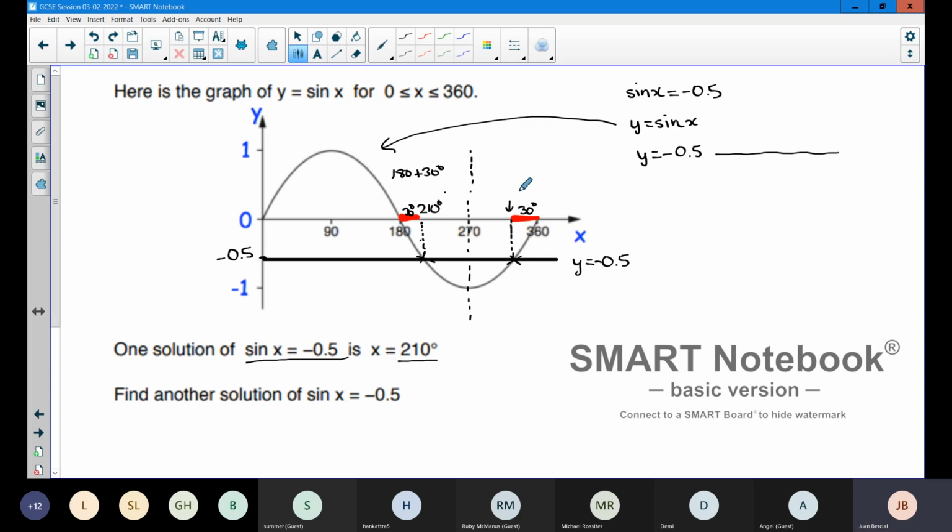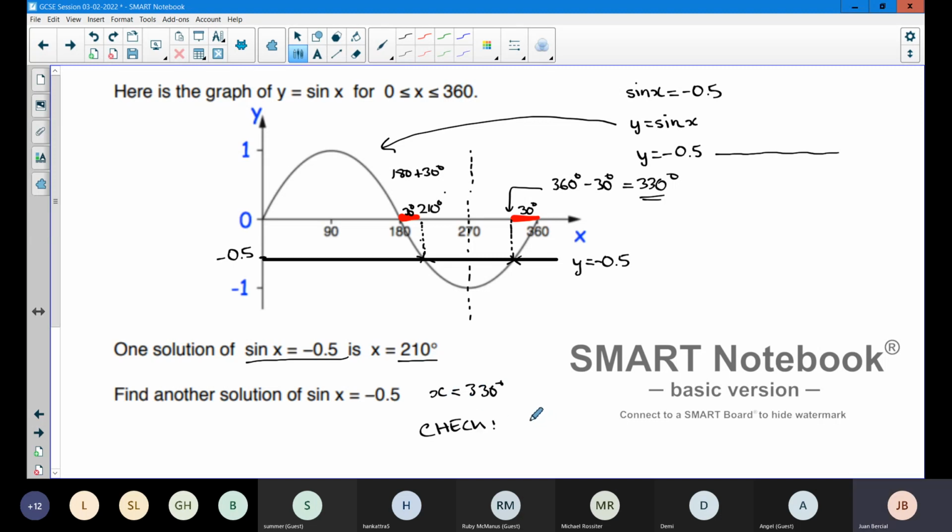So obviously I'm going back. That means that that value is going to be 360 minus 30, which is 330. Okay, so the other solution is going to be x equal to 330. And always, this is a top tip, just check.